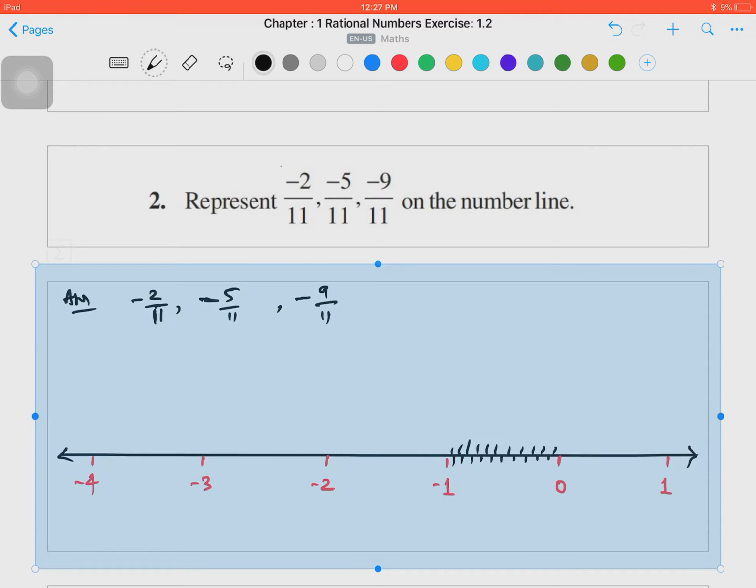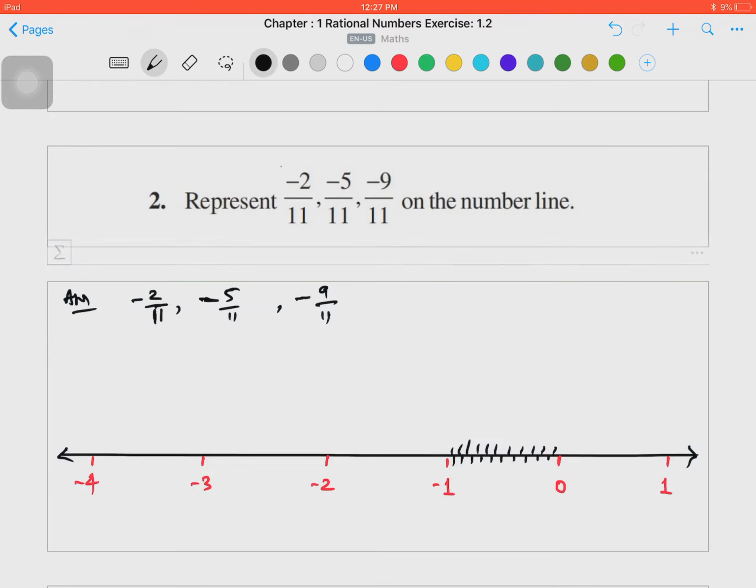The first number here will be 0 by 11, then minus 1 by 11, minus 2 by 11, then minus 3 by 11, and so on. Let's enlarge our scale. That will be better to understand.